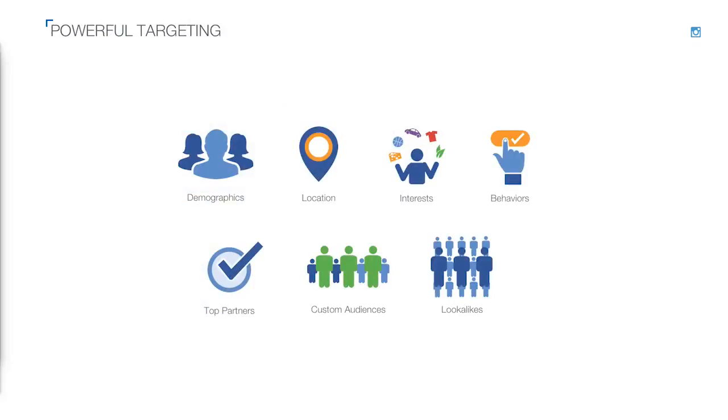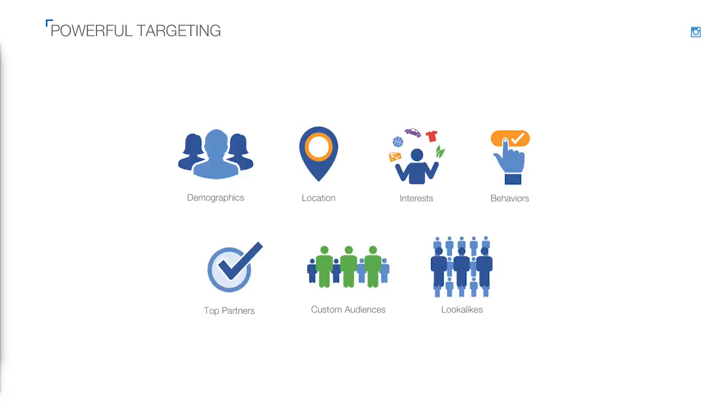Next is targeting. The great news here is that all of the same targeting you know and love from Facebook works on Instagram. So Facebook core targeting like demographic targeting, location targeting, interests, behaviors like purchases, those things are targetable and addressable on Instagram just as they are on Facebook.